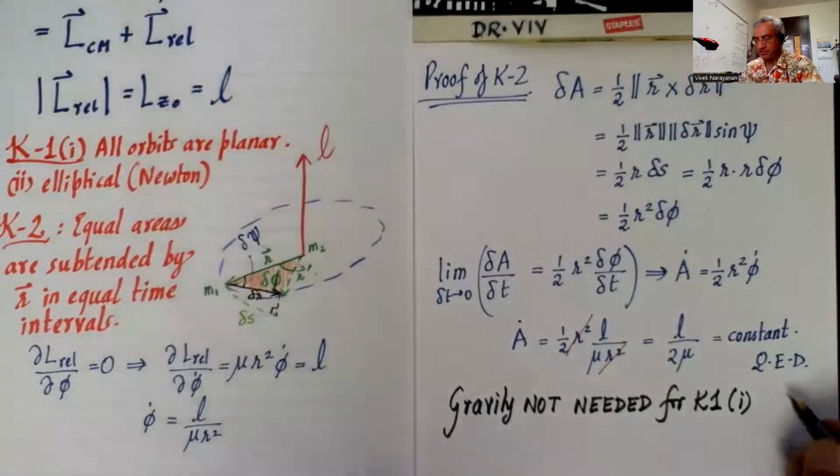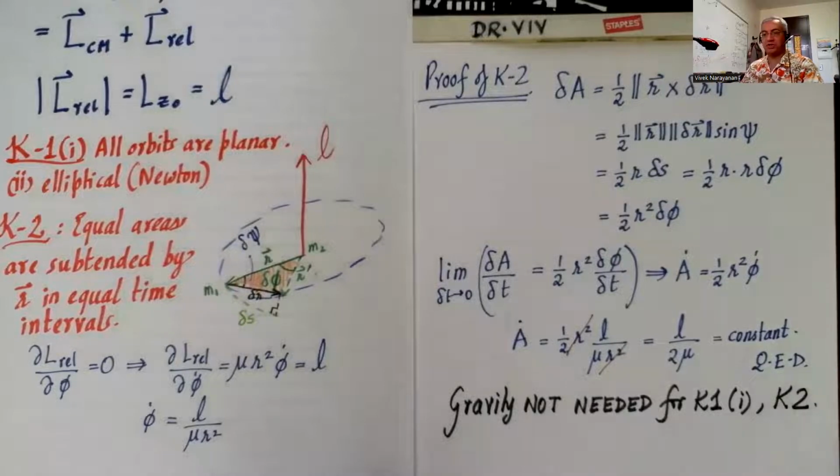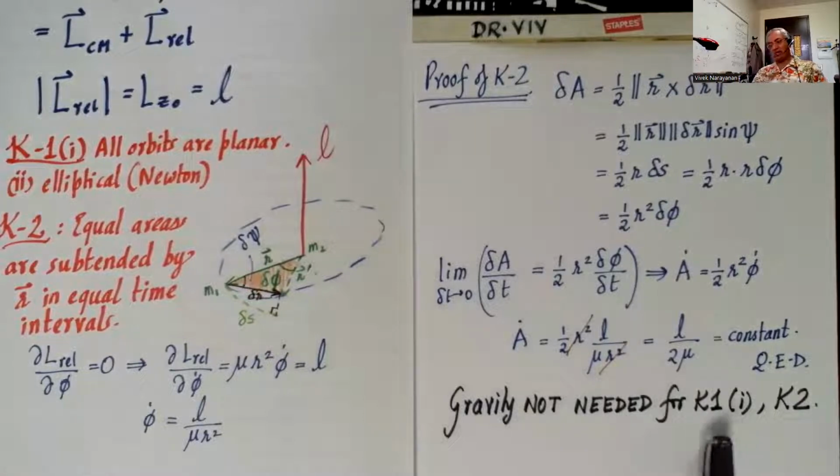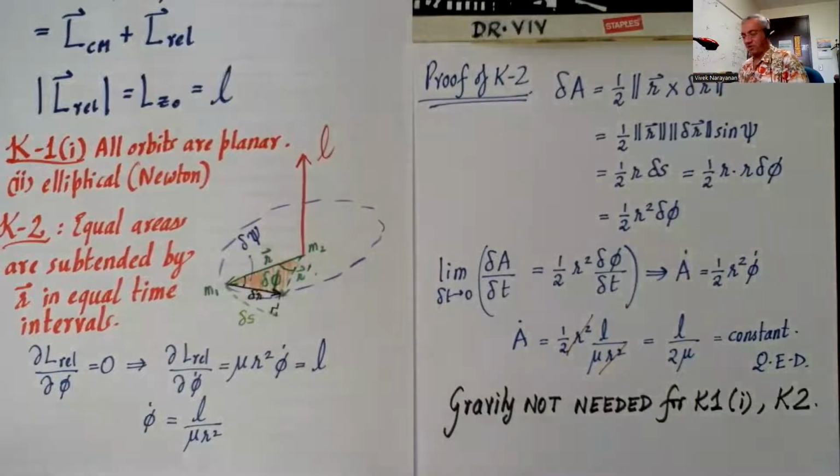So gravity is not needed for that, and gravity is not needed for K2 either. Gravity is only needed for K3 and the second part of K1, which says that all orbits that are trapped are elliptical in nature. So that's going to be our next focus.